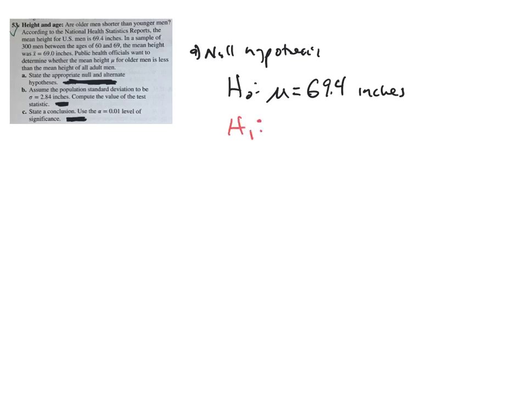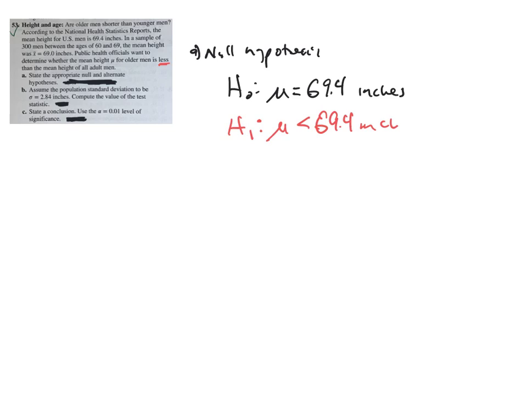We're testing in this case against less. So the mean for this subgroup would be less than the 69.4 inches. In the hypothesis test, we assume the null hypothesis. We use our data to test whether that null hypothesis is reasonable given our sample data.